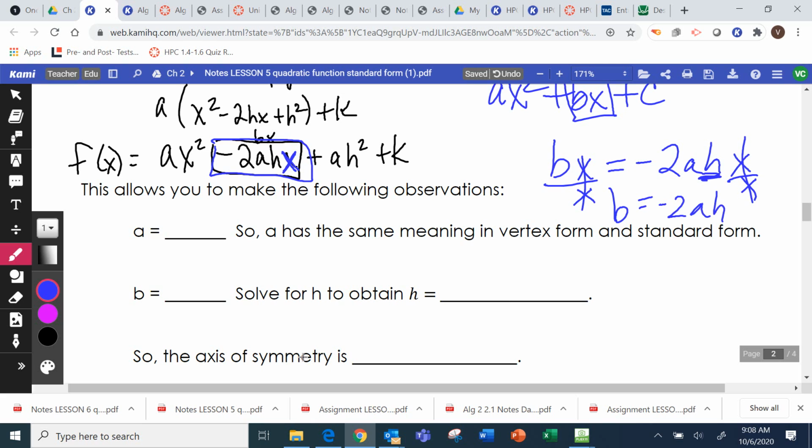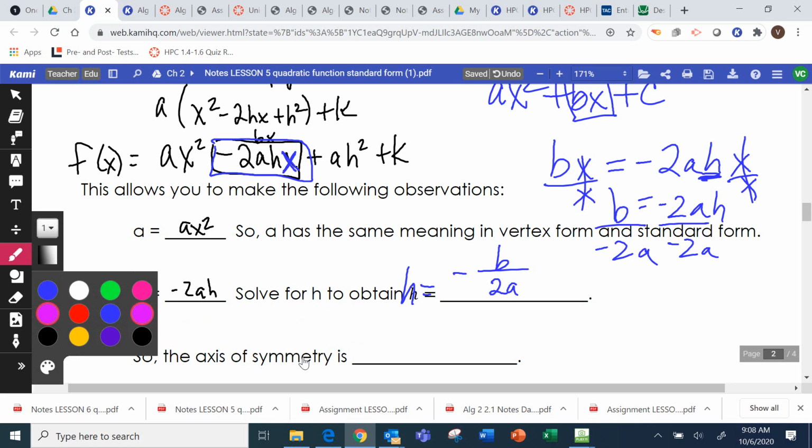And then I'm going to divide both sides by negative 2a, and I get that h equals b over negative 2a, so negative b over 2a. This here is going to be our axis of symmetry.